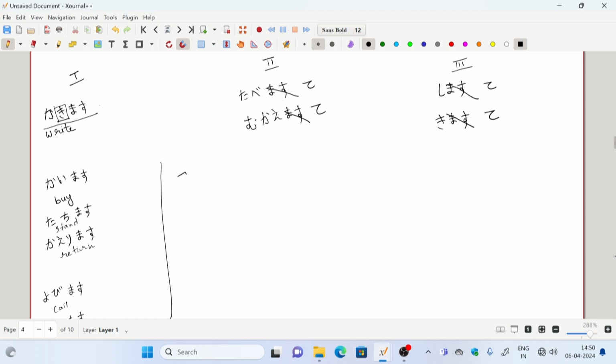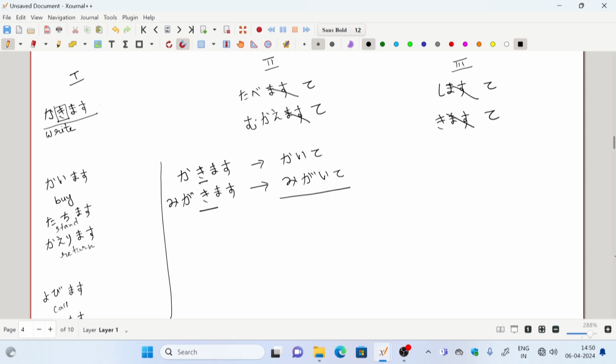Suppose it is kakimasu, next it is migakimasu. So there is ki before the mas sound. We'll change it into kaite and migaite.